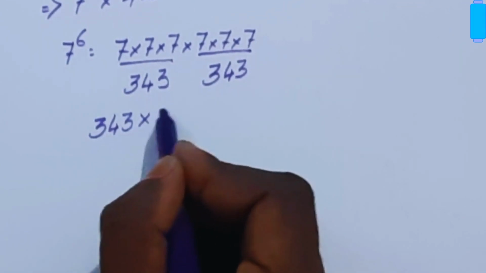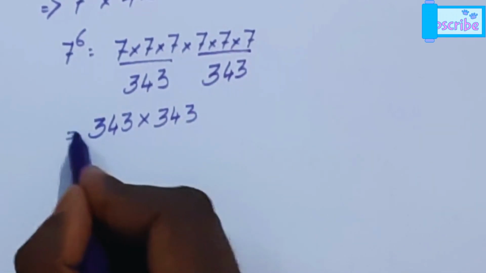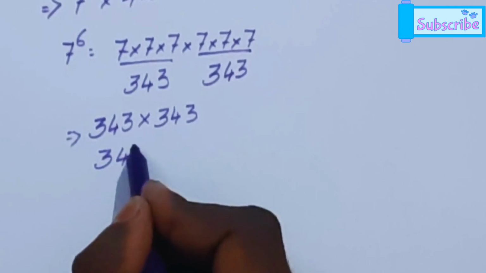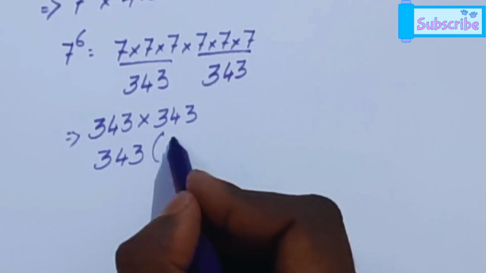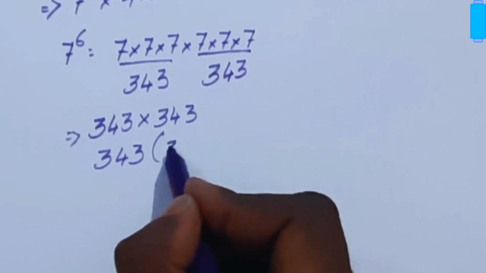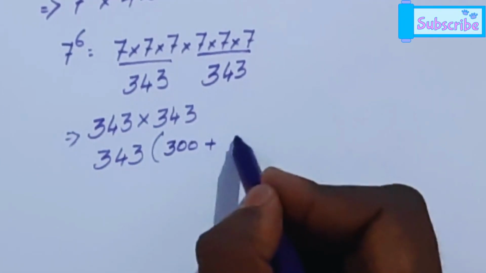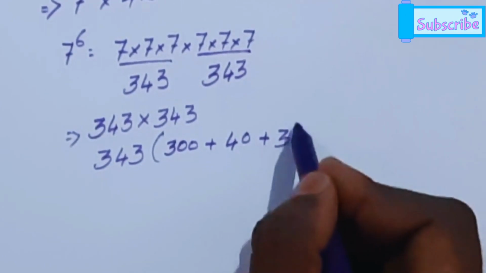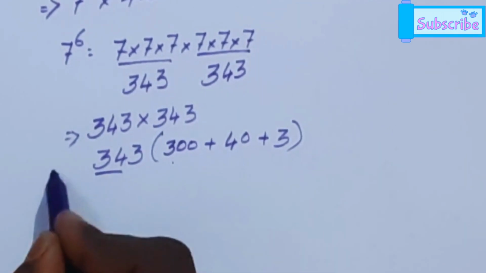343 times 343. Now this can be written as 343 times, this 343 can be written as 300 plus 40 plus 3. Now we are going to multiply with this and this first.